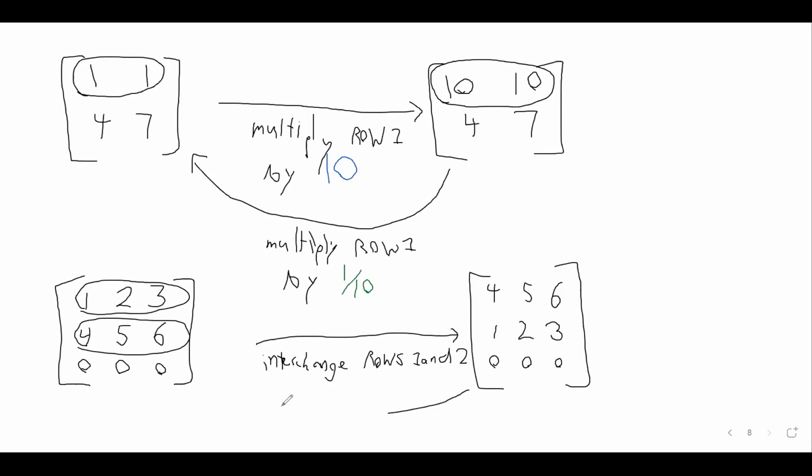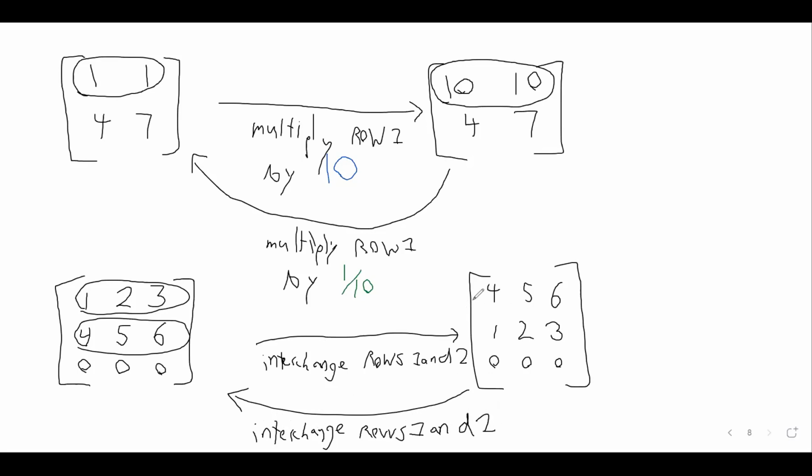So the inverse of that operation, the operation you have to perform after it to get back to where you started, is to interchange the same 2 rows. So you have to interchange rows 1 and 2 again. If you switch 2 things and you switch them again, you're right back where you start.